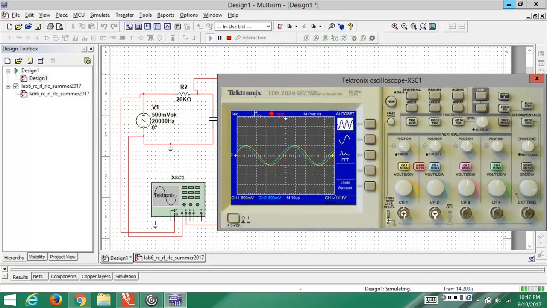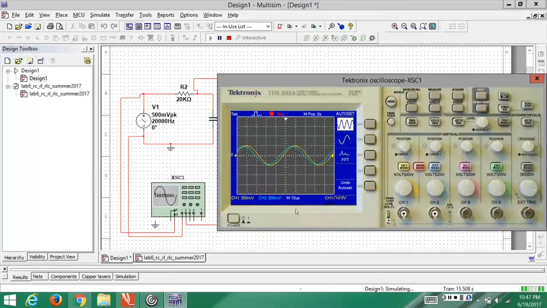And how do I measure that? Choose any of the waveforms, whichever is convenient. Let's say I want to go for the yellow one, the channel 1 one, and see if one cycle of that spans 50 microseconds. Remember, the x-axis of the oscilloscope represents time.